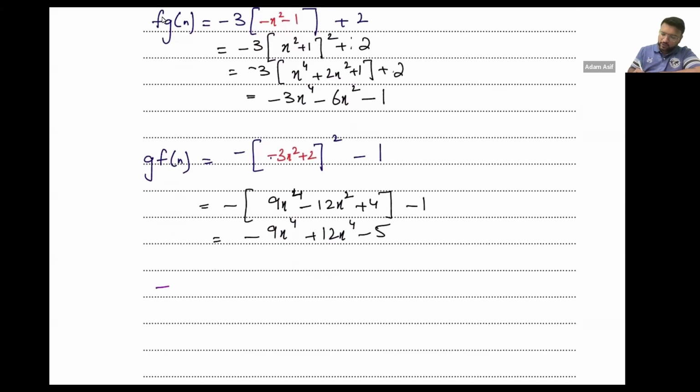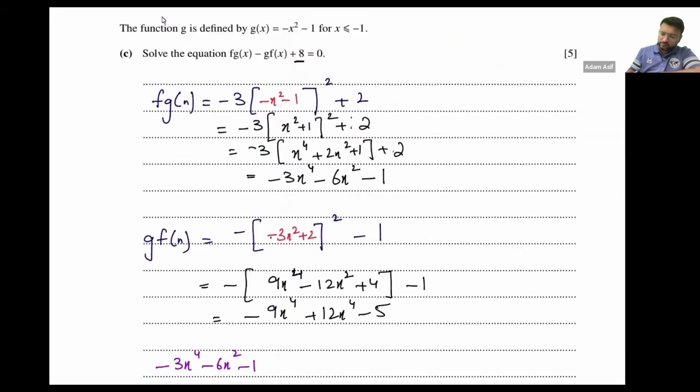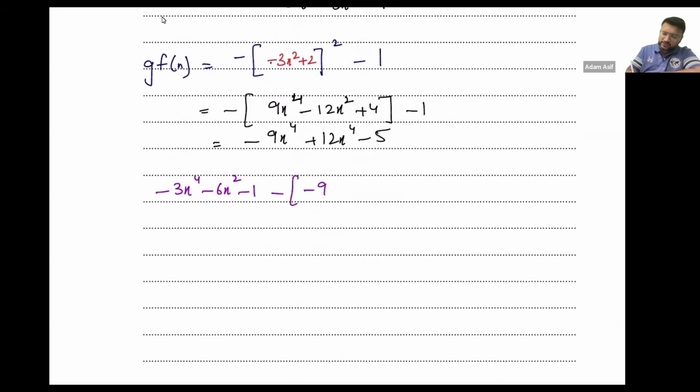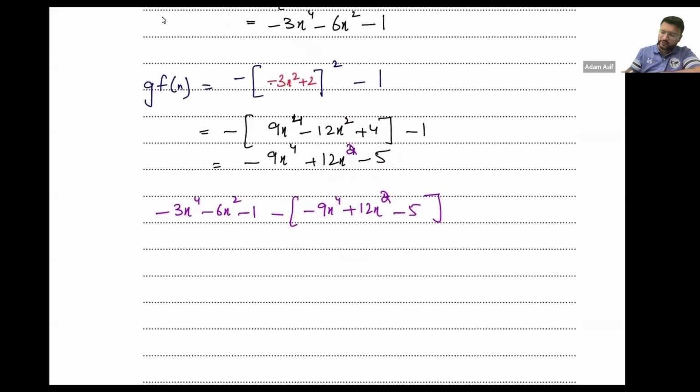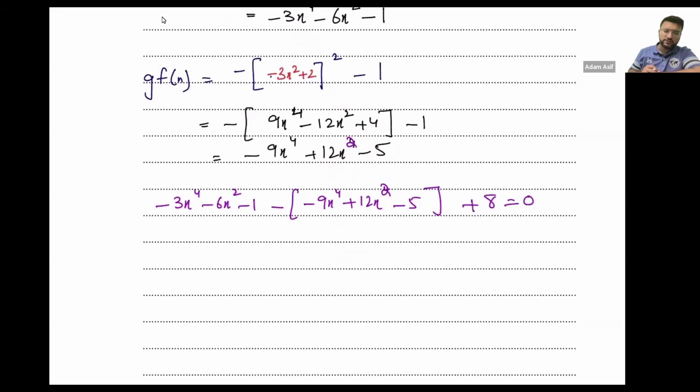So minus 3x to the power 4 minus 6x square minus 1, minus (9x to the power 4 plus 12x square minus 5), and then we have to add 8 and solve this equation. So minus 3x to the power 4 minus 6x square minus 1 plus 9x to the power 4 minus 12x square plus 5 plus 8 equals 0.